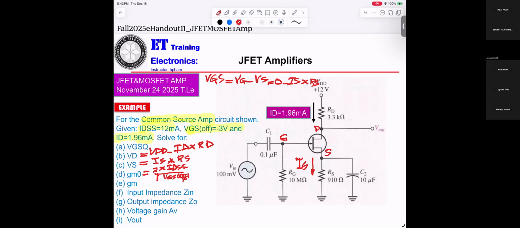And gm is like that, but you're using gm0 in front instead of IDSS. gm0 times one minus VGS over VGS off. Perfect, you're good. VGS over VGS off.